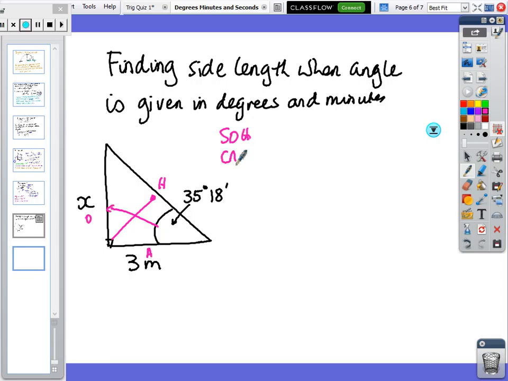So, SOHCAHTOA, there's nothing on the hypotenuse, so sine and cos are dead. So, tan 35 degrees 18 minutes equals opposite over adjacent. X is on top, so it's a multiply.